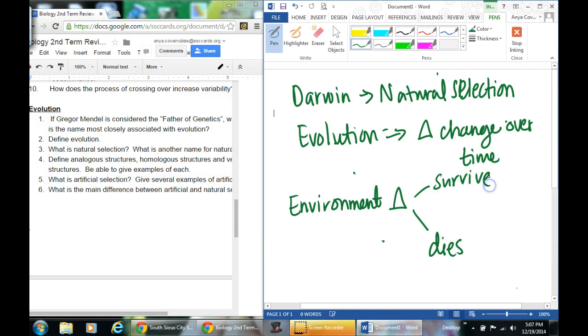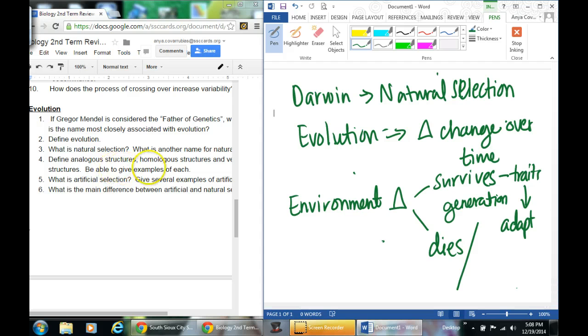If this one dies, that trait is going to die out, and if it survives, then this trait is going to be passed on, and that's how we get to adaptation. So these traits allow a species to adapt to an environment. But this isn't going to be in one lifetime. This is going to be over many generations.